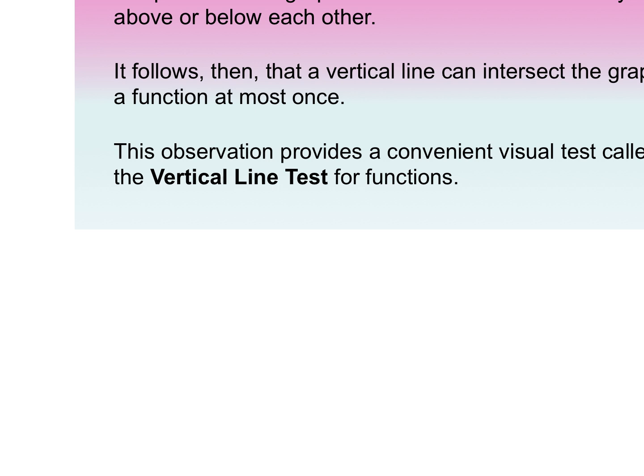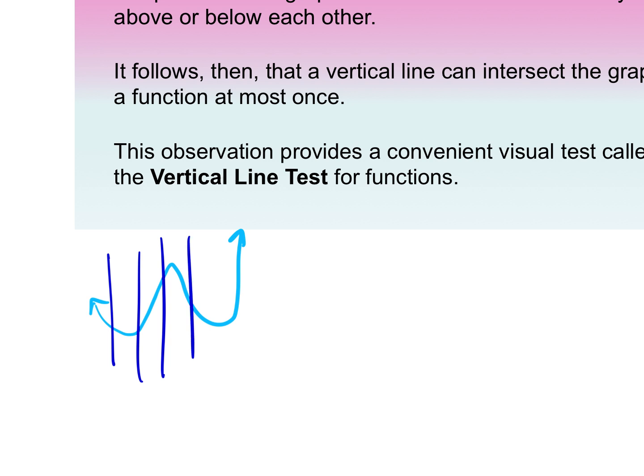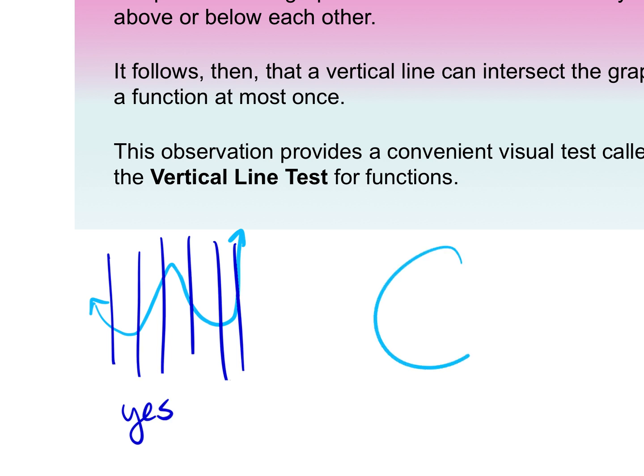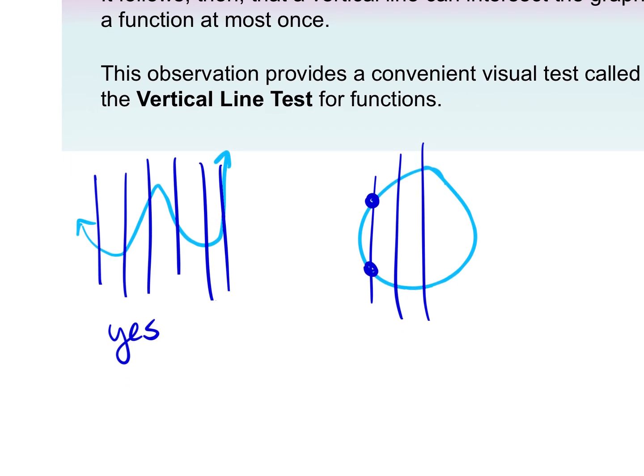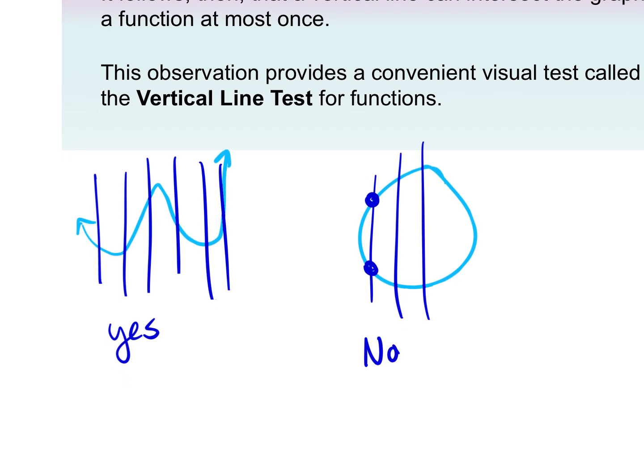So if I had a graph like, we'll say something like this. If I put a vertical line down any point of this graph, it only touches one part of the graph at a time. So this would be a function. If I had a graph like this, that was a circle, would this pass the vertical line test? No, it touches at 2 points on our vertical line, so this would be not a function.